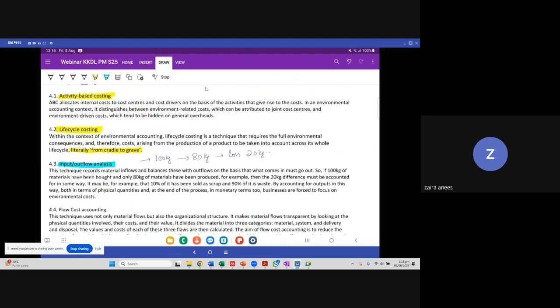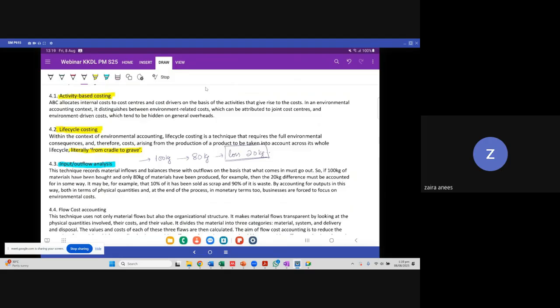Inflow outflow analysis says that no, you have to attach a cost for this 20 kilograms, and you must report this 20 kilograms separately in your profit and loss account, so that the stakeholder can understand how much waste you are producing and what is the cost associated with that wastage.